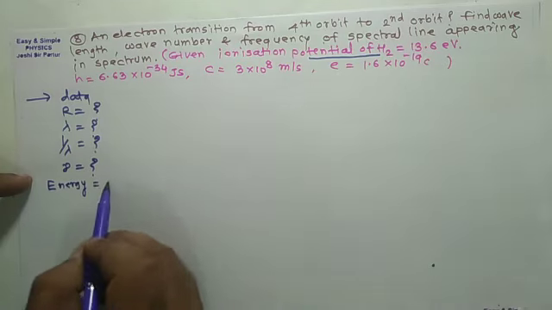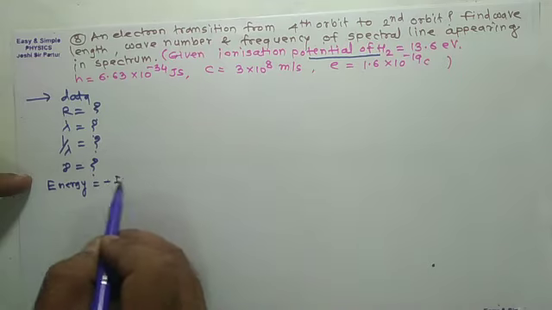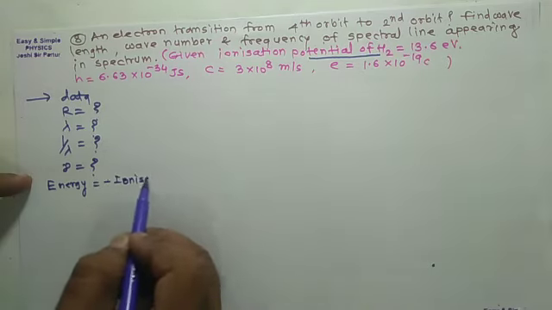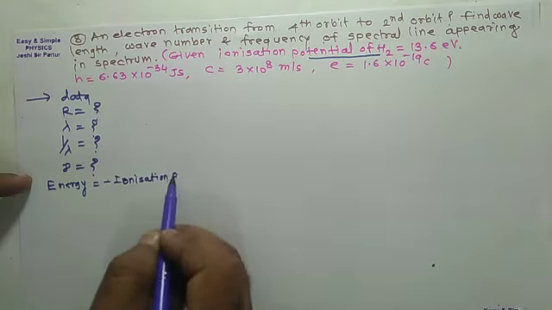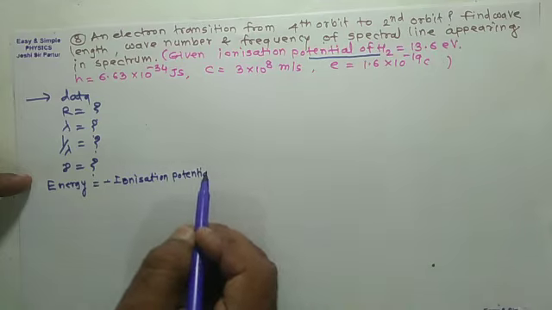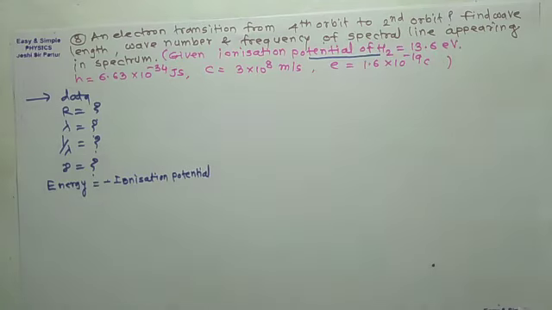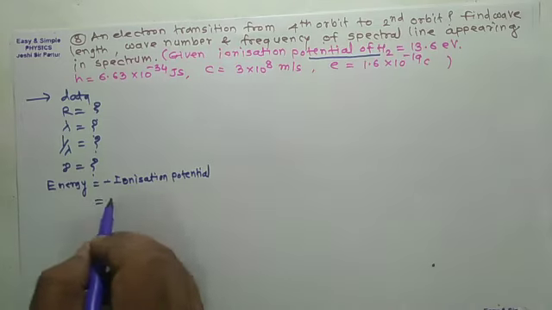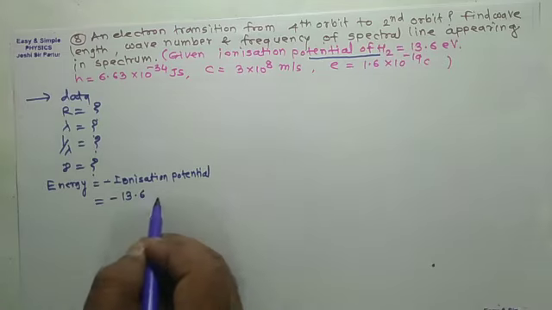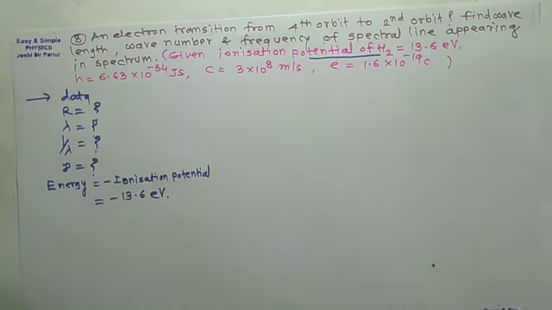is equal to minus of ionization potential. So here it will be minus 13.6 electron volt, means ionization potential is minus of energy.